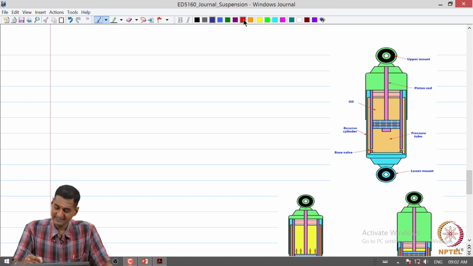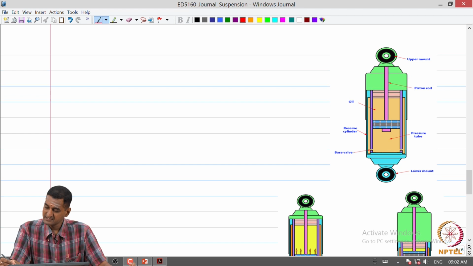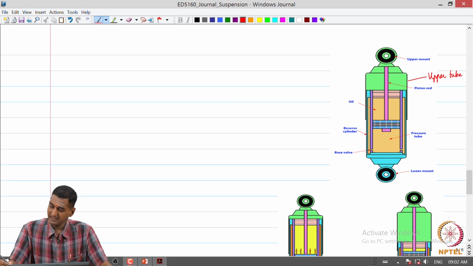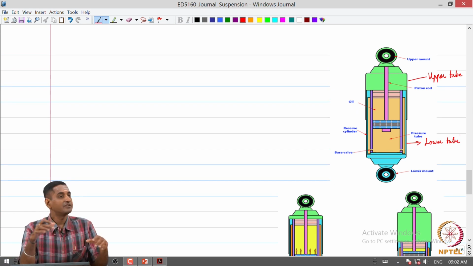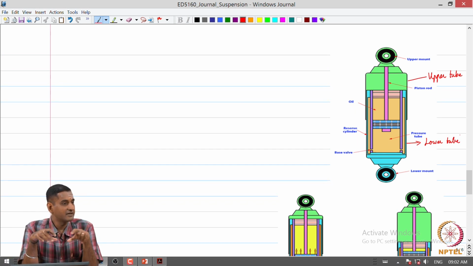So here we can see that there are two tubes, an upper tube and a lower tube, and the two tubes can slide in and out of each other. That is why it is called a telescopic arrangement.